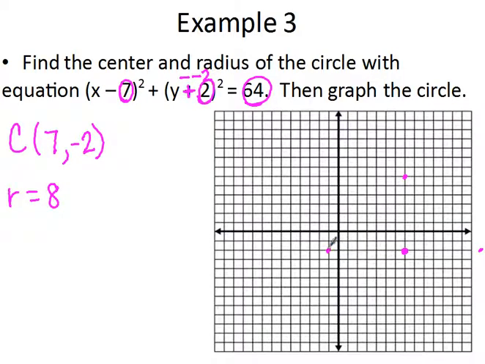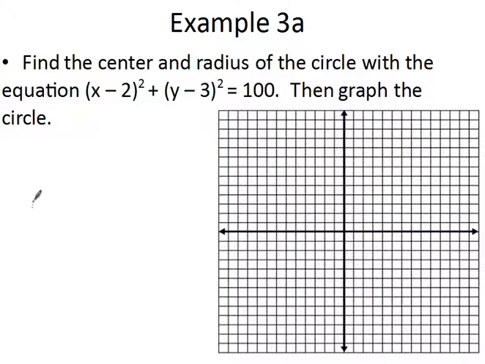This would be 8. 2, 4, 6, 8. And then we can kind of sketch in the circle from here. And you'll have to pardon me, I'm using my tablet, so I don't draw very well with the tablet. Okay, there's our circle.